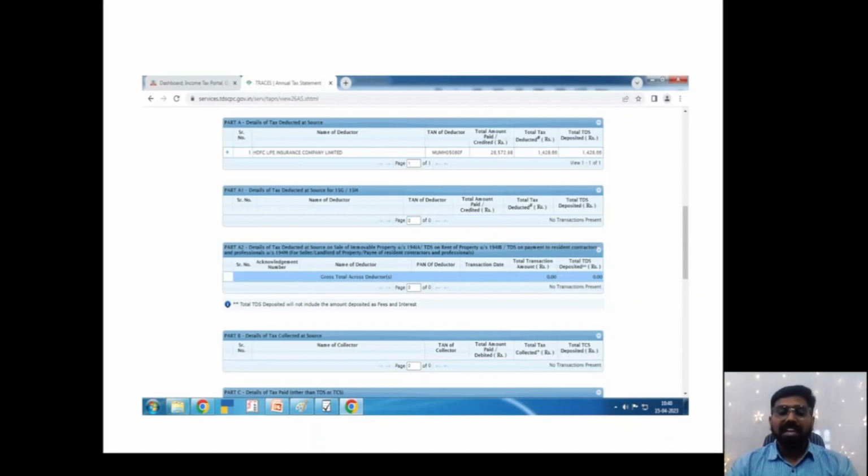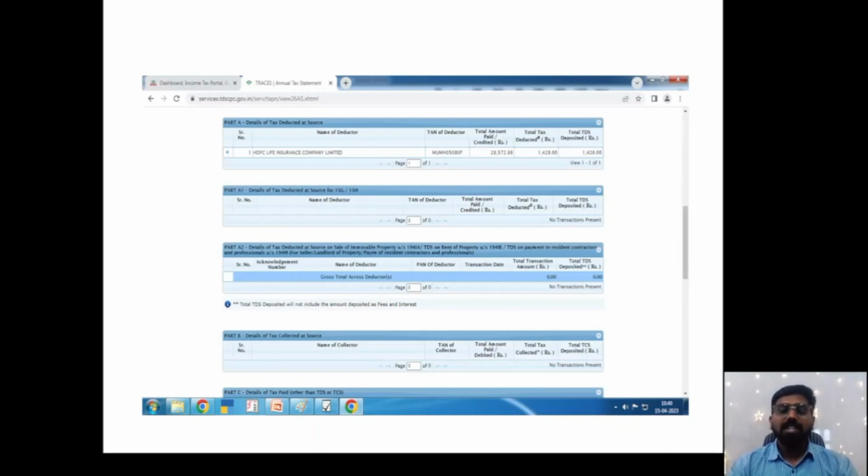One of the taxes is advance tax, which he pays in 4 installments during the assessment year. The second one is self-assessment tax that he pays after the financial year and before filing his income tax return.